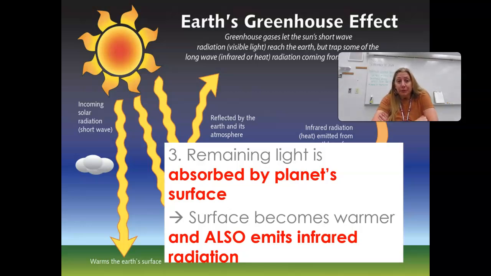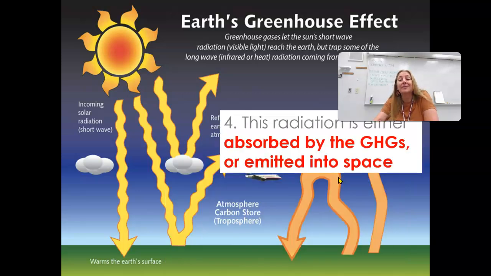So infrared radiation is a longer wavelength of light, and this infrared radiation gets emitted or reflected from the surface of the planet, from the ocean, from the soil, from asphalt. And it's this infrared radiation, like I said, that is responsible for heating the planet. The infrared radiation can be absorbed by the greenhouse gases that are floating in the atmosphere, specifically in the troposphere.